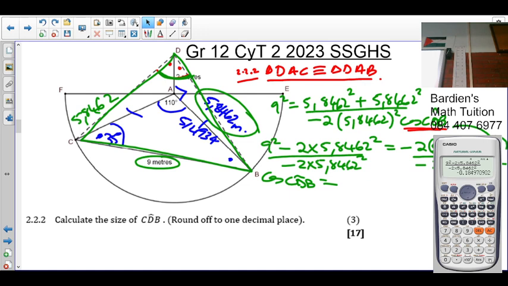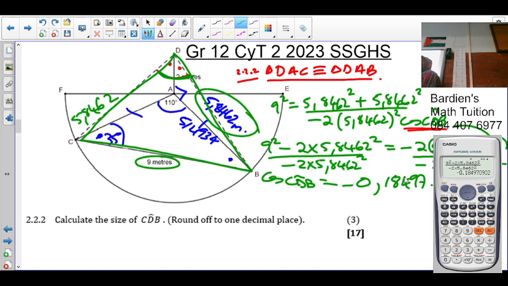That gives you an answer of negative 0.18497, and the number of course carries on.